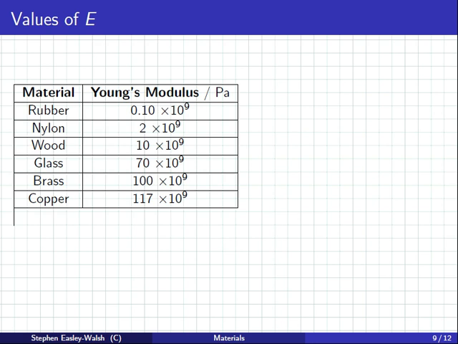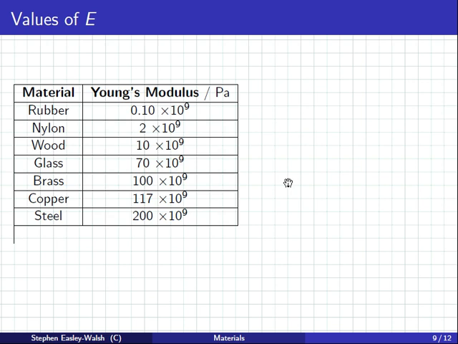I think the shape is important for copper. If you had a copper wire, that's very ductile. But if you had a sheet of copper, I think that would be kind of brittle. If you have too much vertical force on it, I could see that sheet of copper snapping. It wouldn't just keep stretching down like a rubber sheet. Anyways, it doesn't matter. They're not going to ask you that in the exam.